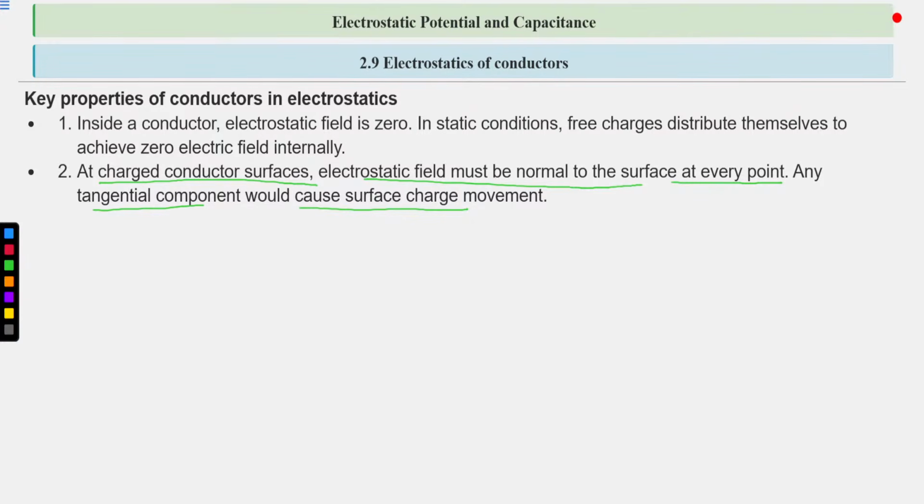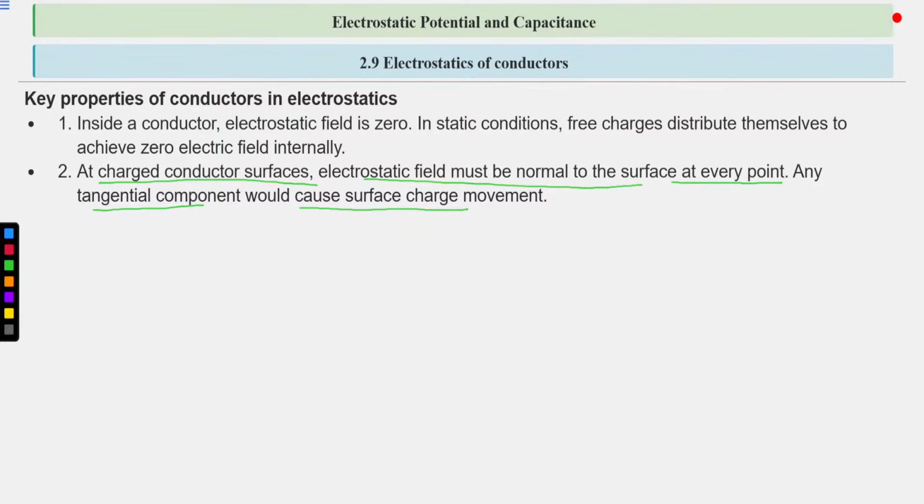One is the perpendicular component, one is the tangential component. The tangential component is along the surface. If there is an electric field along the surface, we know that electrons, that are charged, feel electrostatic force in the field.